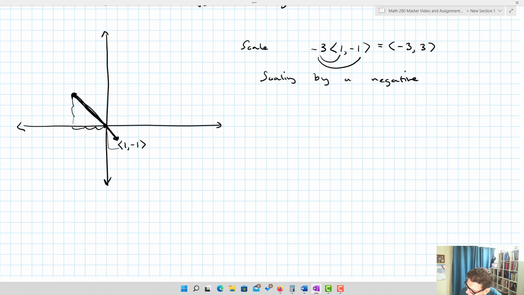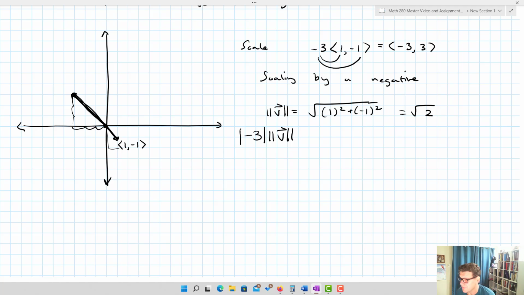And if we look at our magnitudes, the magnitude of our original v is going to equal the square root of 1 squared plus negative 1 squared, which is root 2. And now, if we take v times negative 3, we're going to have to do this by an absolute value, because you're squaring things, you're taking the square root.